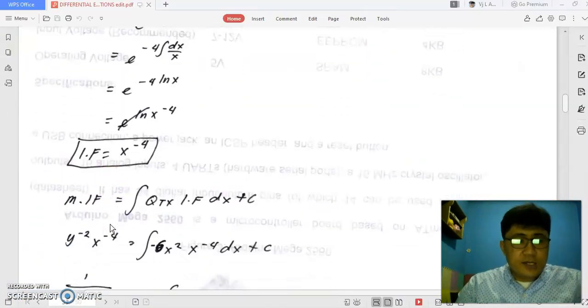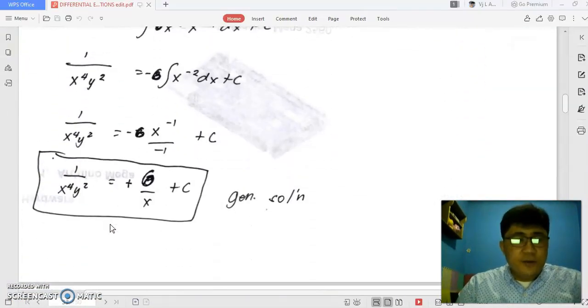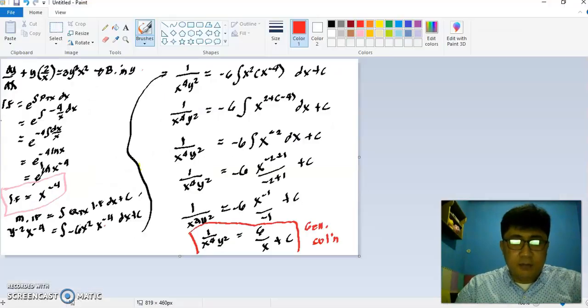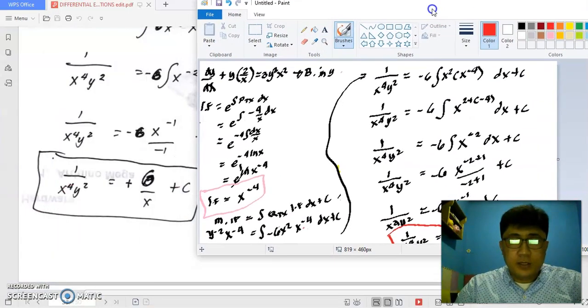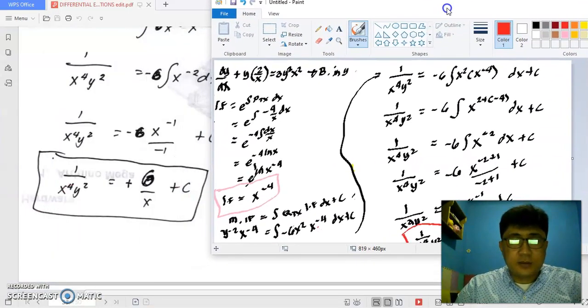So therefore, let's see if our general solution fits. Here, our general solution, if I'm not mistaken, is the same. Okay, let's try to look at it.